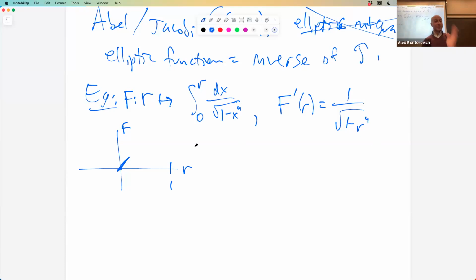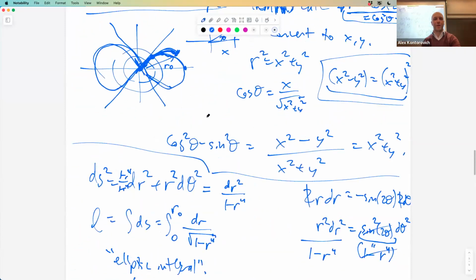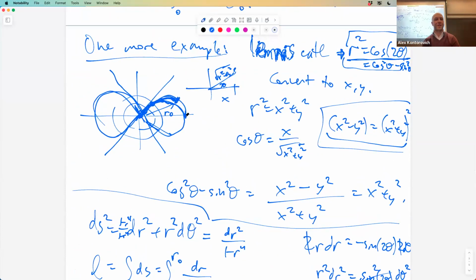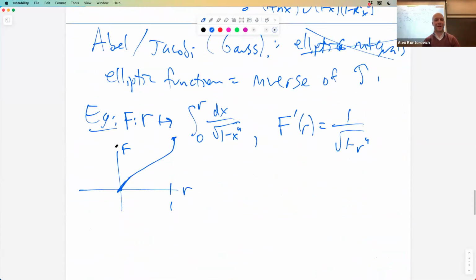Okay, but it's going to have a finite limit. It's just going to do something funny. It's going to go like that. There's a finite limit here, which is the total length of that lemniscate up to that first little lobe of the ear, right to there, r equals 1. Whatever that value is, let's call it, I don't know, alpha or something. Whatever, it doesn't matter what it is.